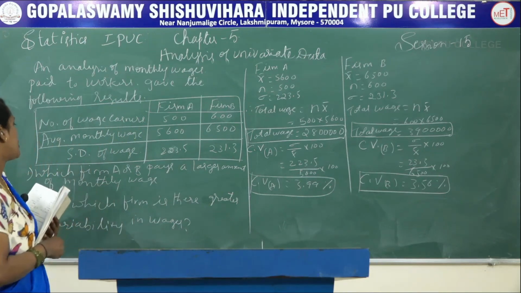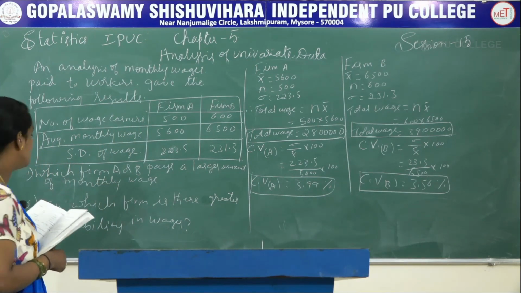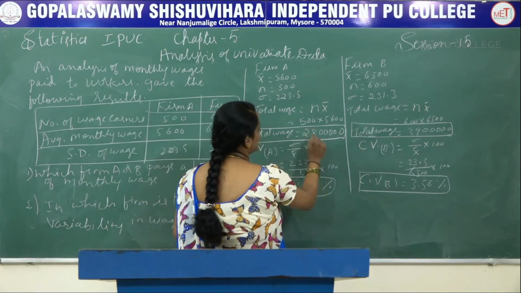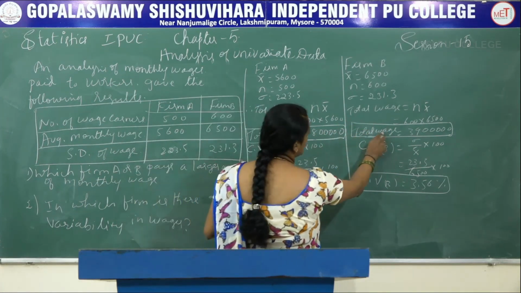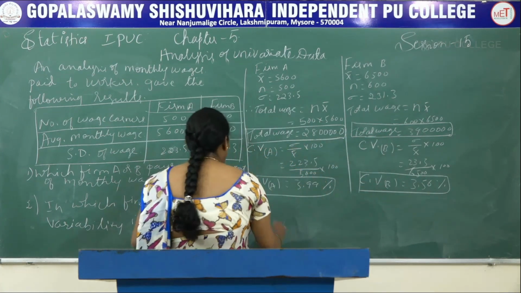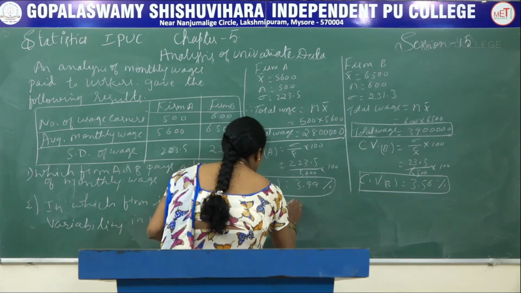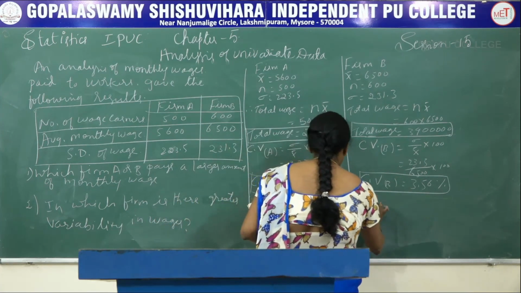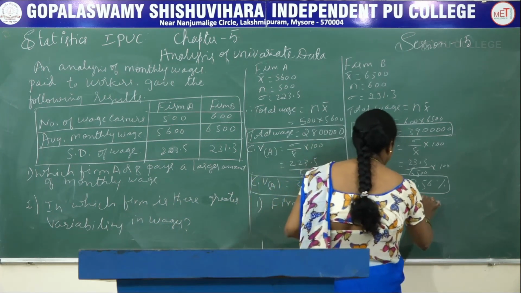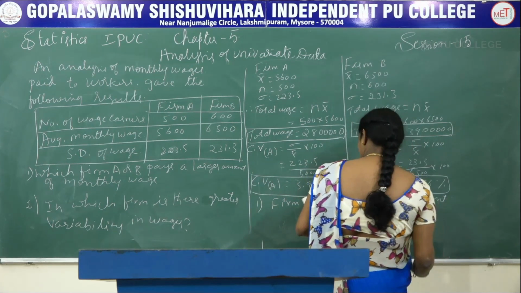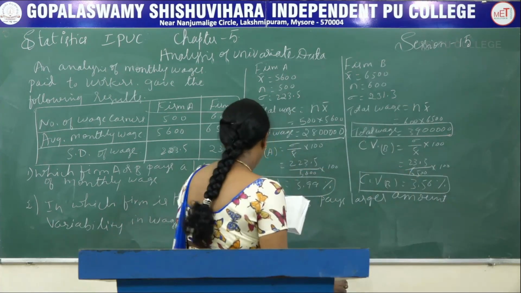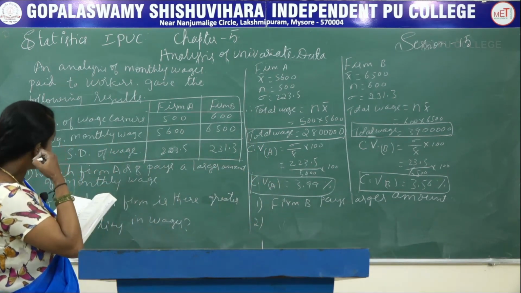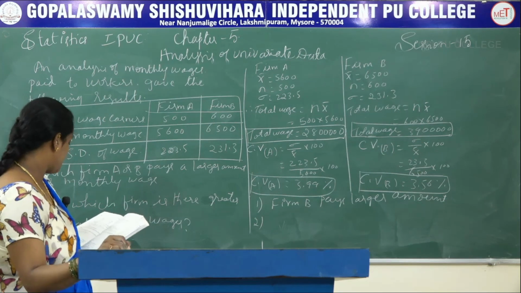Which firm, A or B, pays a larger amount? Seeing the total wages, firm A is 28 lakhs and firm B is 39 lakhs. So, first question, firm B pays larger amount. And second one is, which firm is having greater variability?